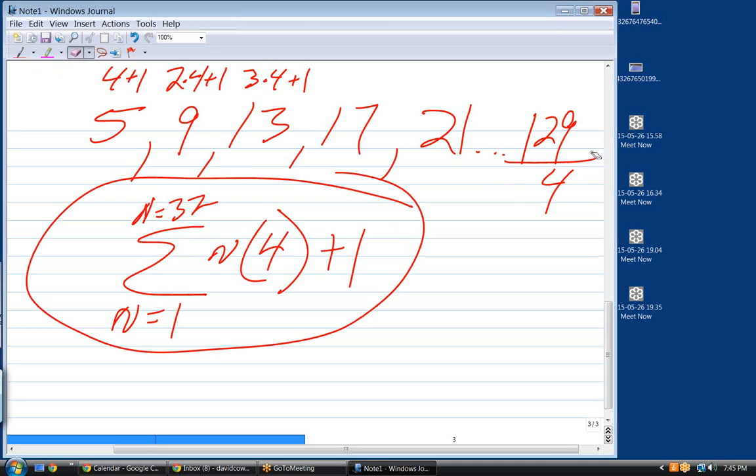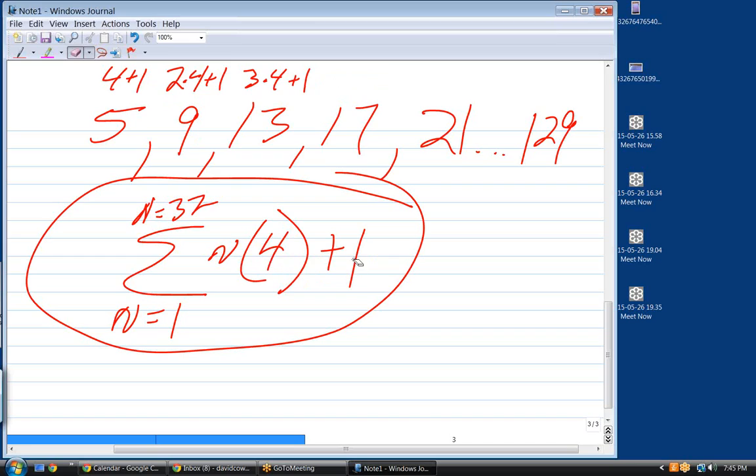Actually, it was kind of enlightening figuring out how to do that. Notice what I did up top. I rewrote the series in a way that I could understand it better in sigma notation. That was 1 times 4 plus 1, that was 2 times 4 plus 1, that was 3 times 4 plus 1, that's 4 times 4 plus 1.